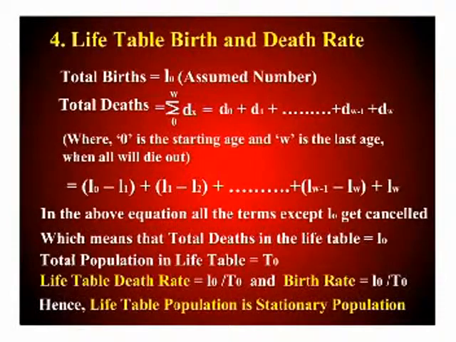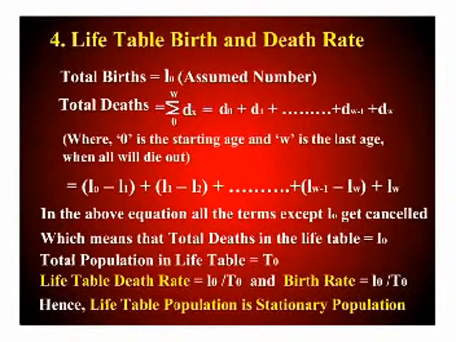In the above equation, all the terms get cancelled and l0 only remains. Hence, the total deaths in the life table is equal to l0, which is also equal to total births.